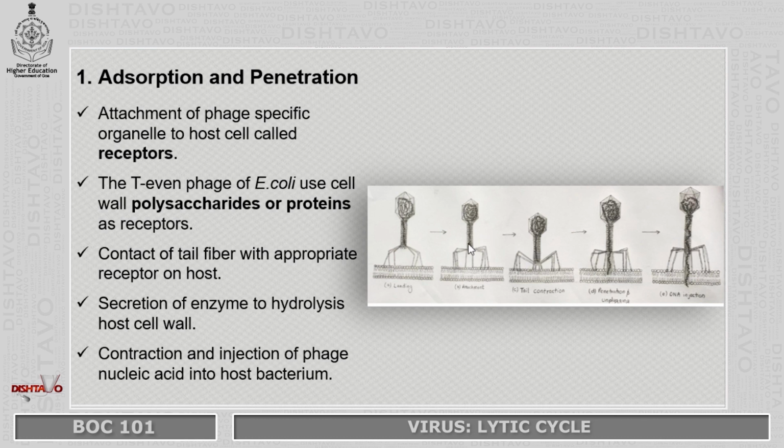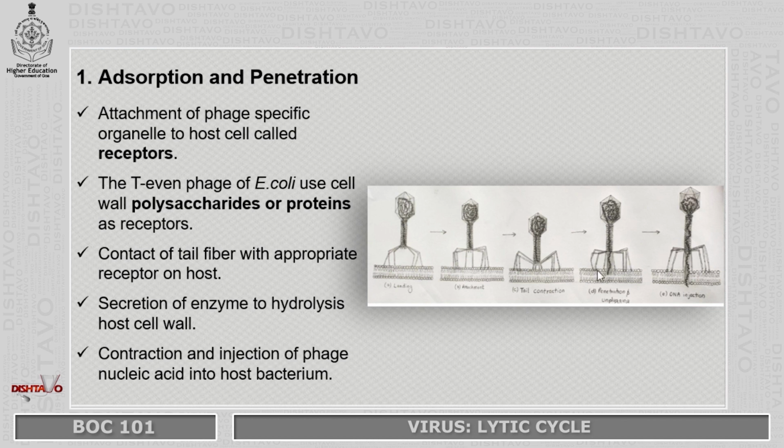If you compare the second diagram and the third diagram, the tail, that is the sheath, becomes shorter and at the same time becomes wider. This happens because the tube within the sheath is being pushed into the host cell wall. Once this tube is pushed, there is a protein present in the base plate, the GP5 protein, which has the activity of a lysozyme.